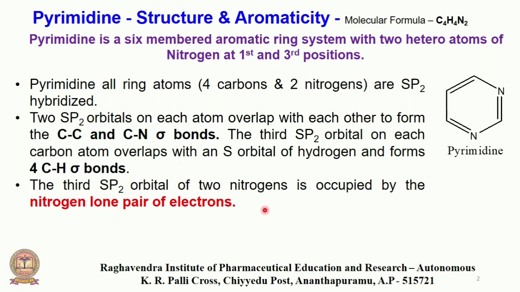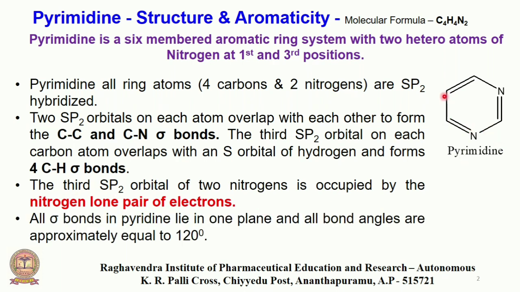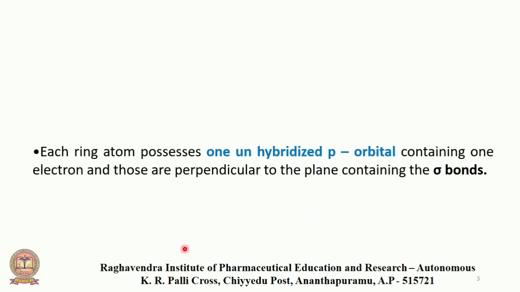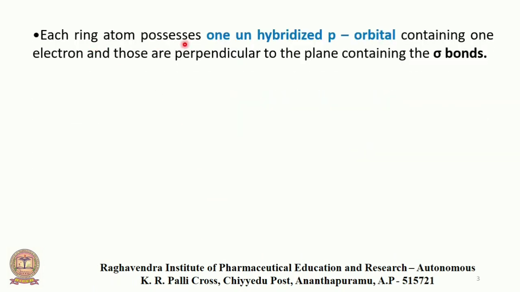All the sigma bonds formed, the C-C bonds, C-N bonds and C-H bonds, lie in one plane, with bond angles of approximately 120 degrees. In each ring atom, as it undergoes sp2 hybridization, one p orbital remains unhybridized.